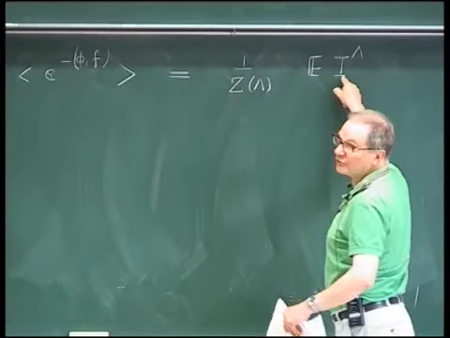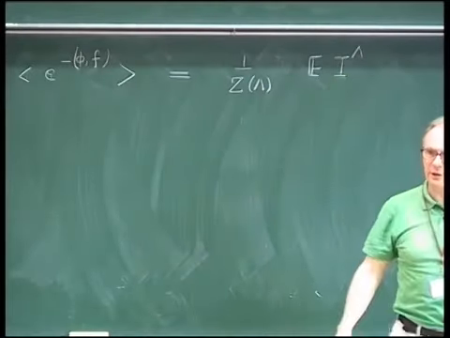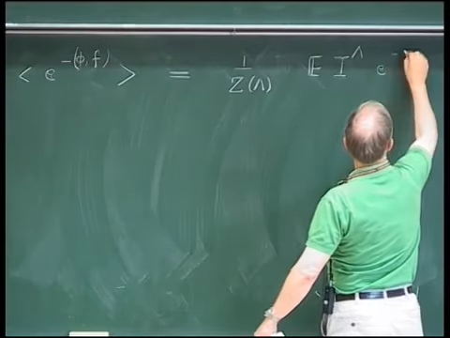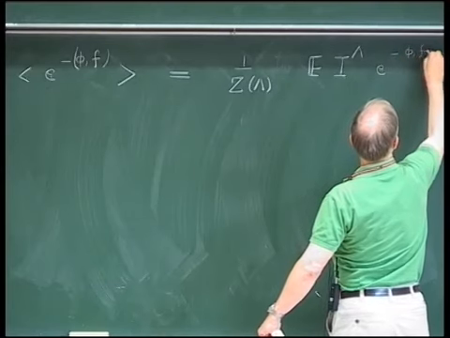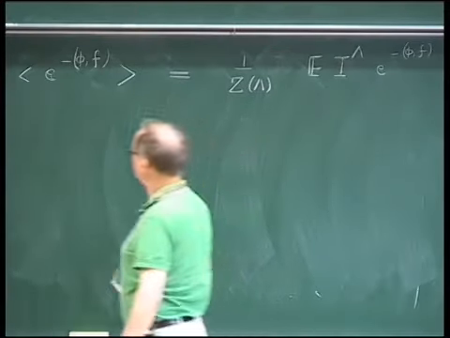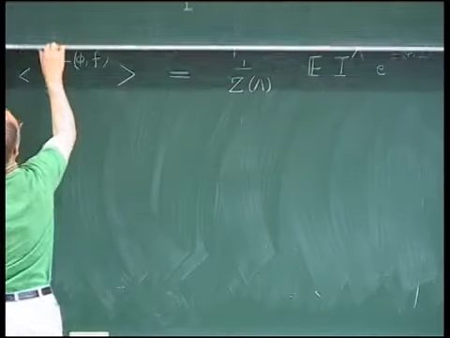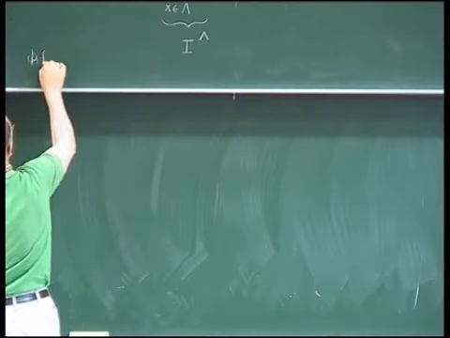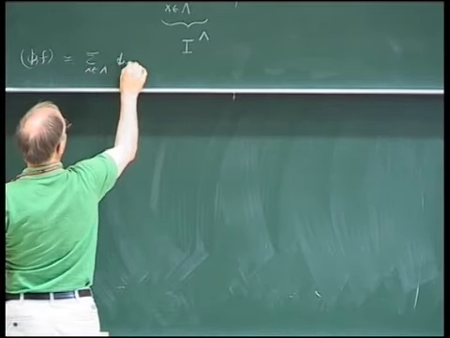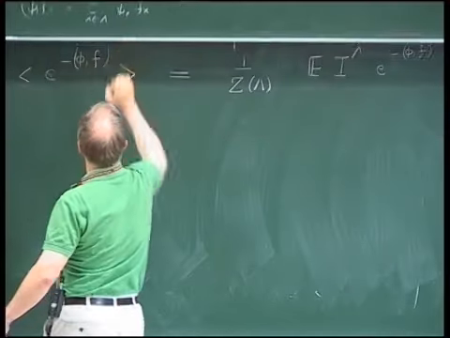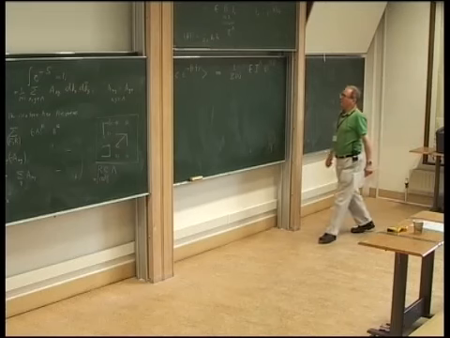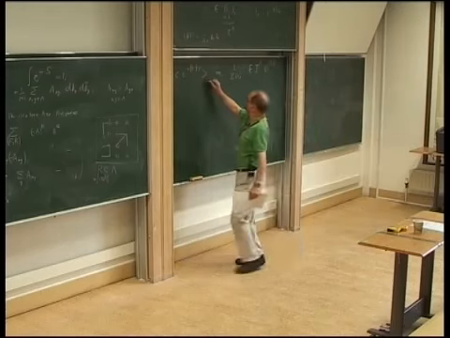I stands for interaction. That's why I chose this letter I. And then e to the minus phi f. And just to remind you, phi f is the sum over x in lambda of phi of x, f of x. That would be a good thing to be able to calculate. It depends on lambda.